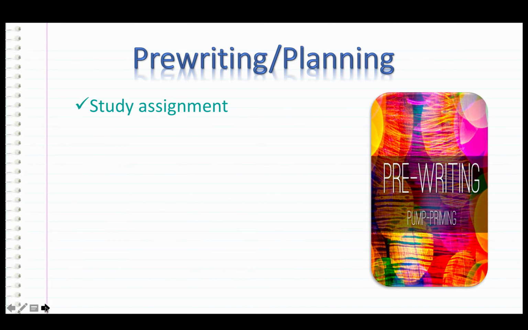Study the assignment. Now, this step might seem silly to even mention, but it is important. Most professors will provide students with some written information about a writing assignment. Now, in some cases, it might be a simple statement in the syllabus stating that a paper is required.